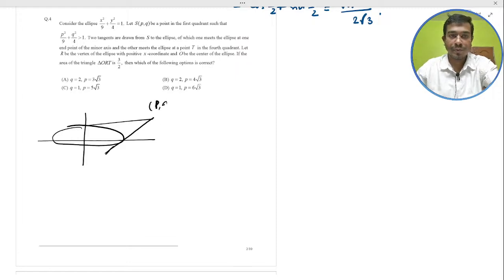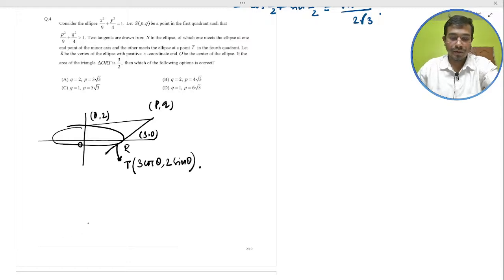Here this is (0, 2). This is the origin. And the point is R, this point. And this tangent meets at T. This is the parametric point 3 cos theta and 2 sin theta.